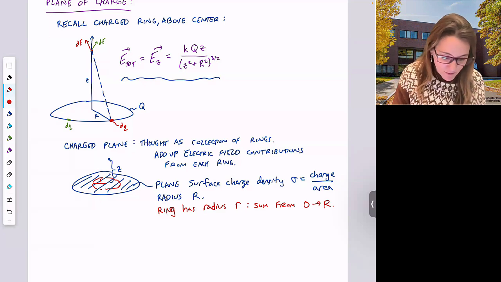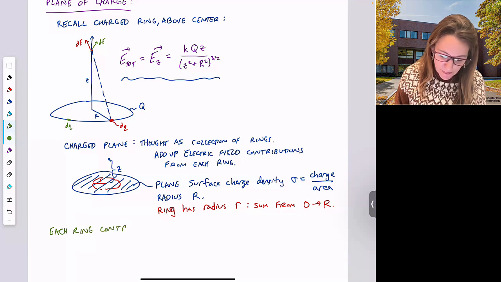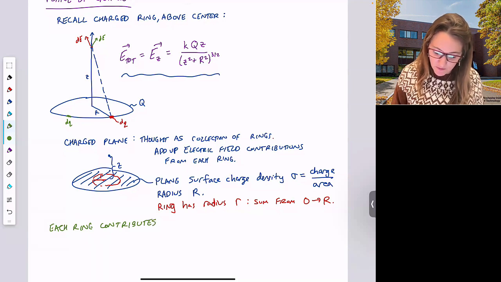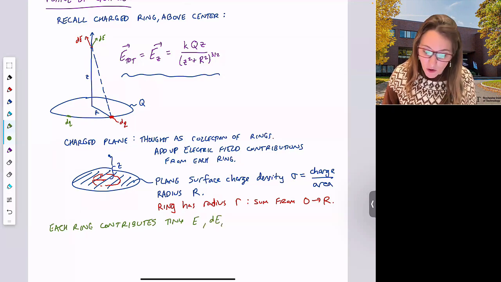Each ring contributes a tiny electric field, dE, right?